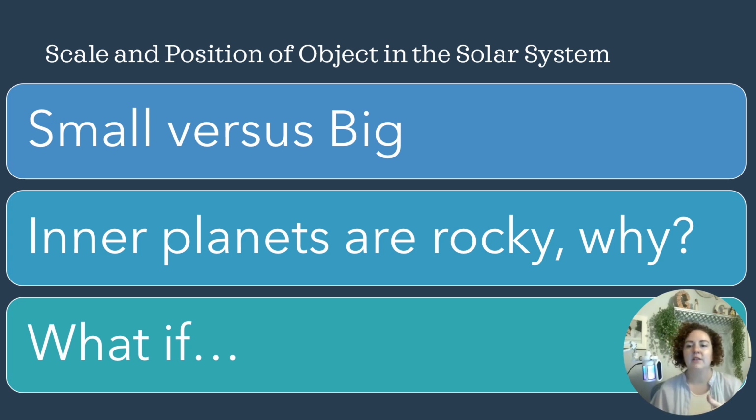So because of how close they were to the sun, the temperature essentially took all of the light elements and absorbed them because they could be pulled away from these planets much easier. But these heavier, rocky sort of materials were left behind. So we are left with a mainly carbon and silicon like sphere just hanging out.